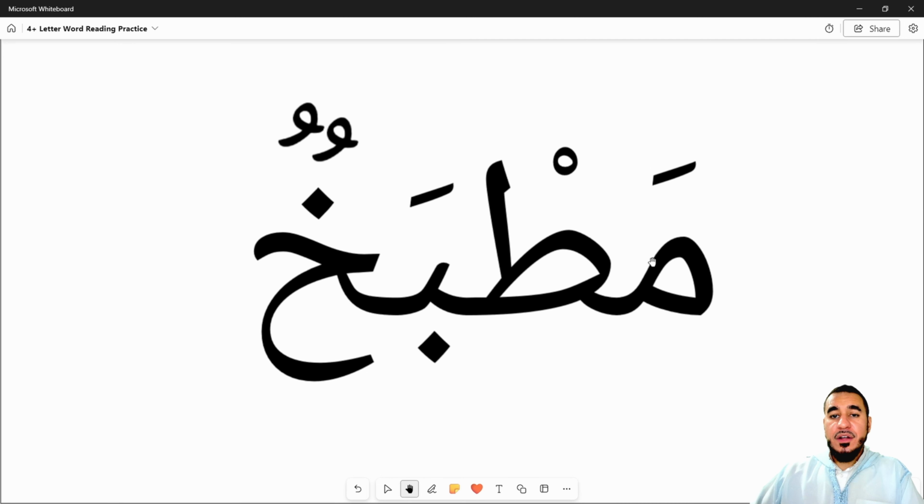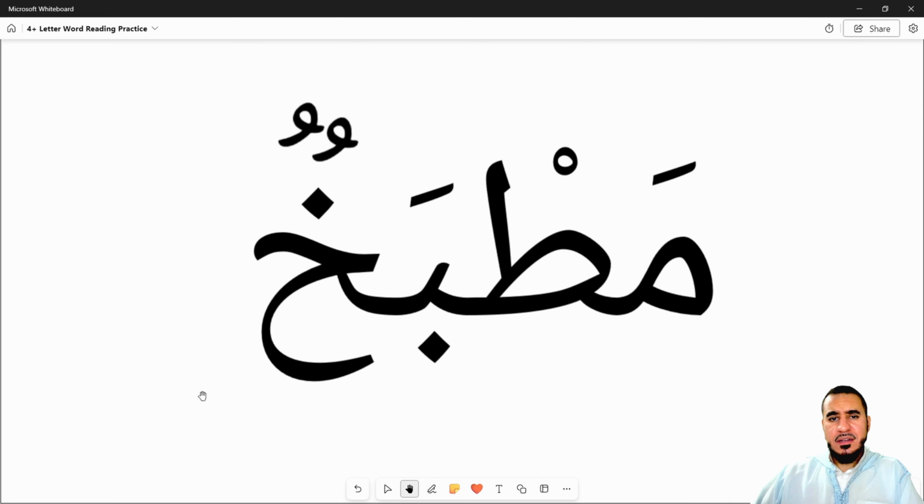Let's look at the next word. Here, we've got the mim with a fatha. So ma. The ta with a sukoon. So the absence of a vowel sound. So far, mat. We have the ba with the fatha above it. And the kha at the end of this word with the dhammatan.